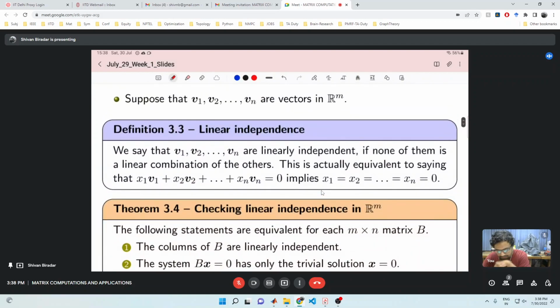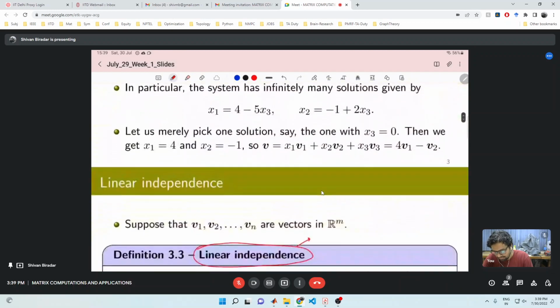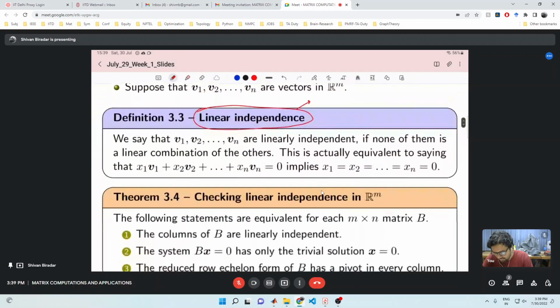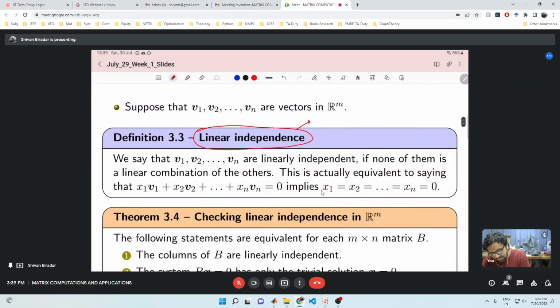So what is linear independence? Linear independence is directly related to the definition of linear combination. Let us say that we have two vectors v1 and v2.